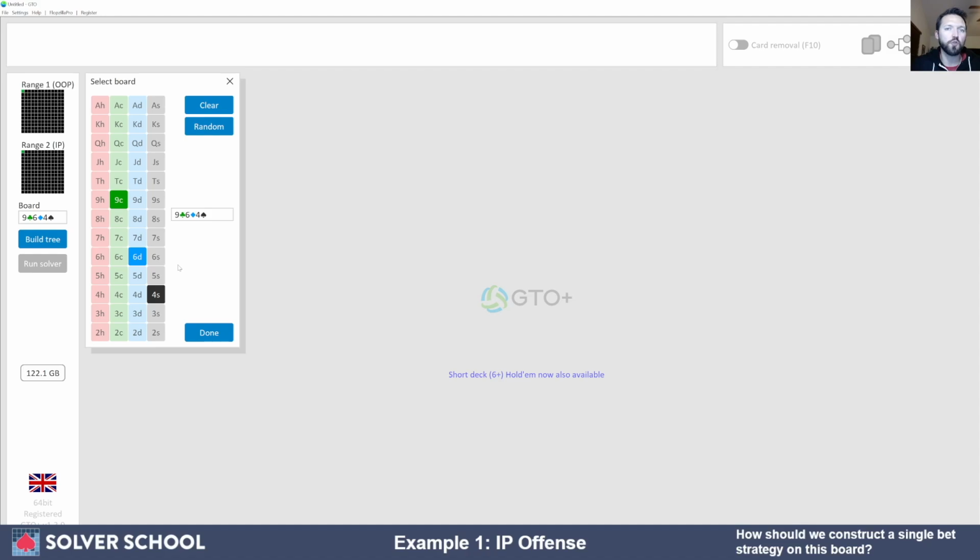As long as the structure of that board remains the same, the output is going to remain the same. So there are a lot of different ways I can write a 964 rainbow board. I could do 9 of hearts, 6 of clubs, 4 of diamonds. I could do 9 of hearts, 6 of diamonds, 4 of spades. I could do 9 of clubs, 6 of hearts, 4 of diamonds, right? So there's a lot of different ways in which we can construct a 964 rainbow board.